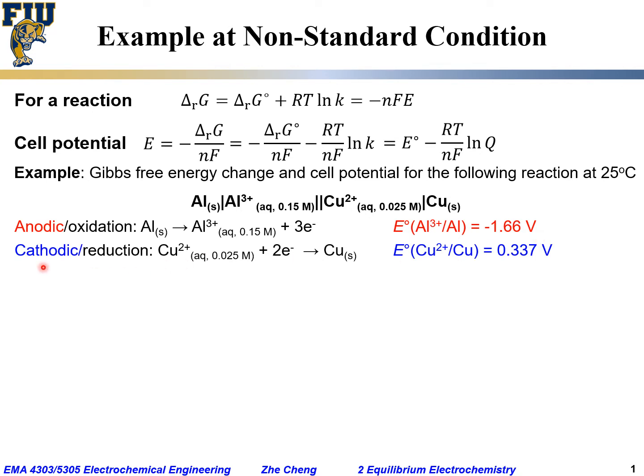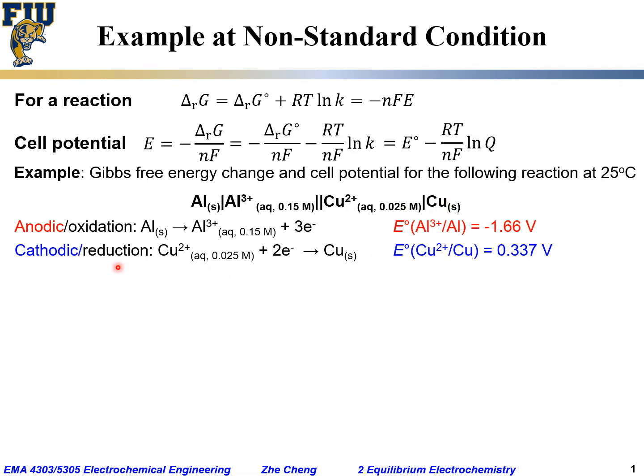Similarly, the cathodic or reduction half cell reaction would be for the copper 2+ ion to combine with 2 electrons to form elemental copper, and it gets deposited onto the copper electrode.